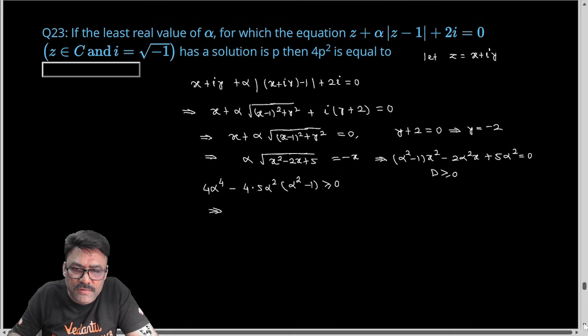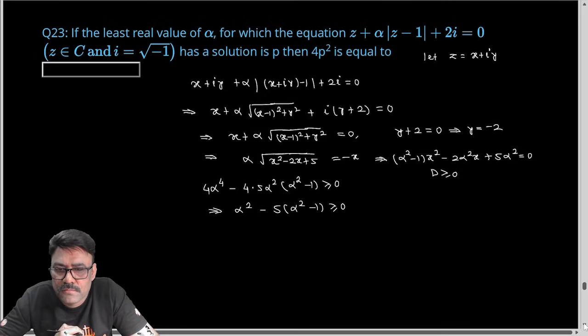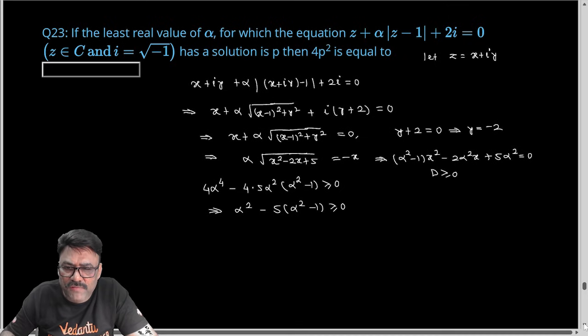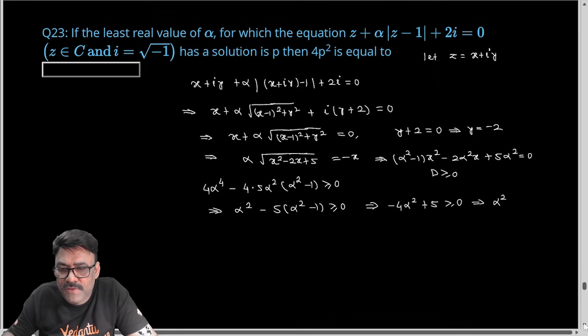You are getting alpha square times (alpha square minus 5 times (alpha square minus 1)) greater than or equal to 0. So this gives you minus 4 alpha square plus 5 greater than or equal to 0. So alpha square must be less than or equal to 5 by 4.